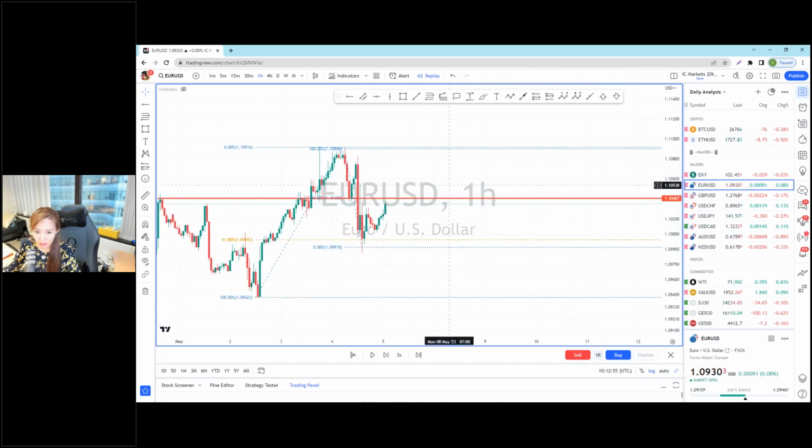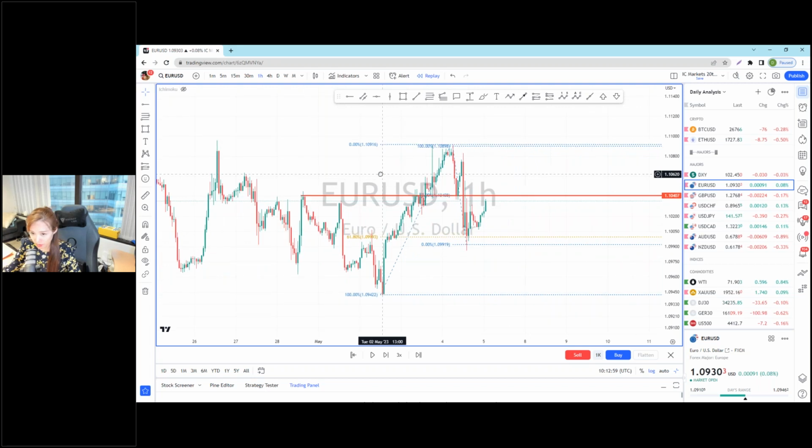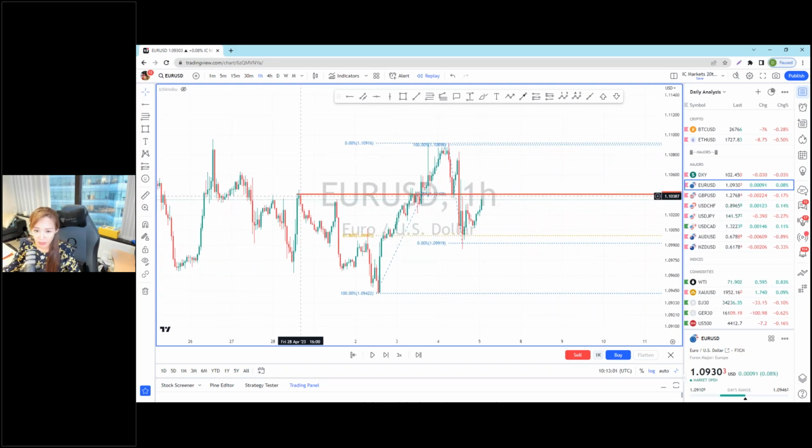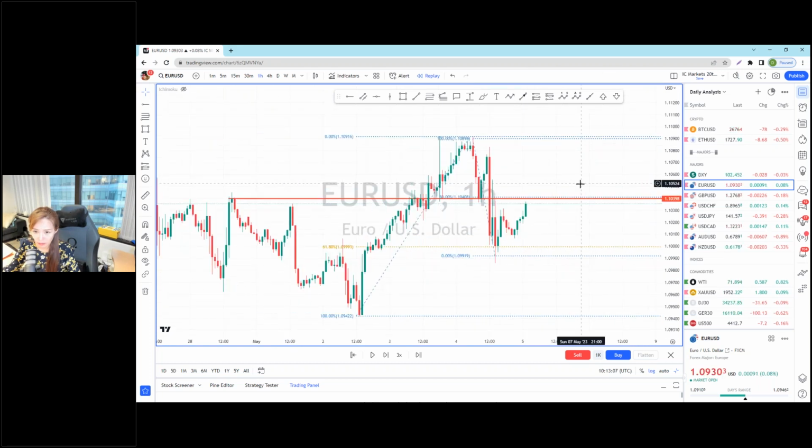Why? The reason is that when I draw my support and resistance, I know that this is my resistance and it broke above. You can see, I zoom in for you to see here. It broke above here, right? It used to be resistance.